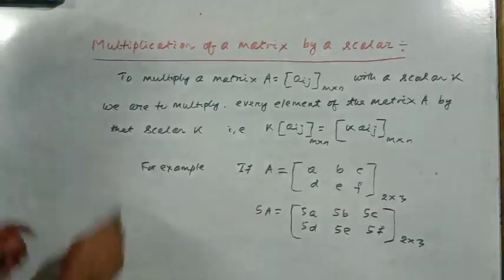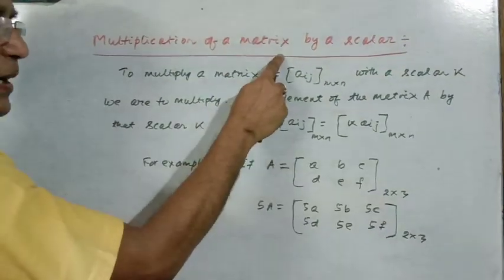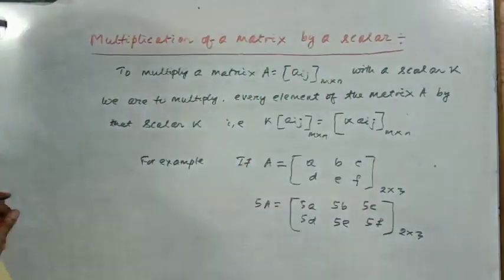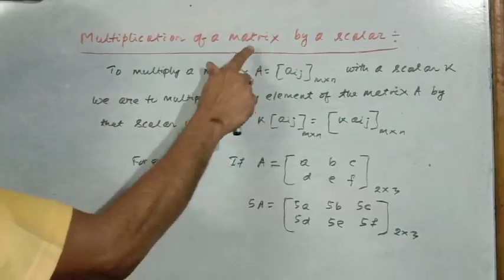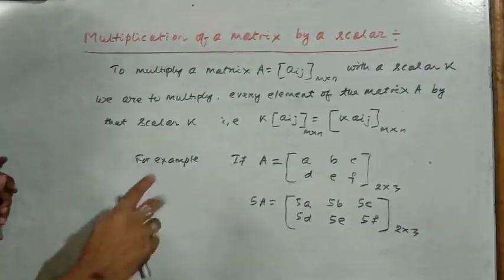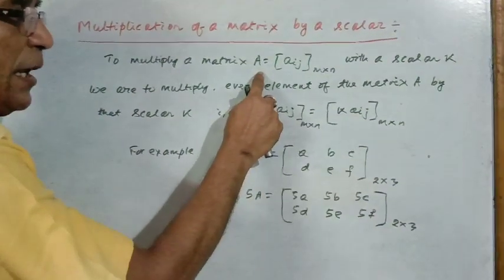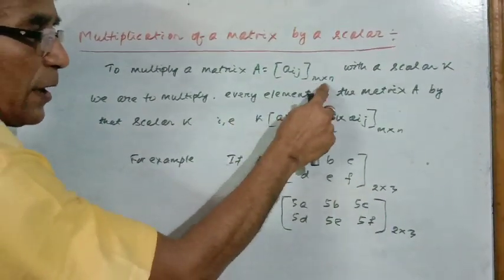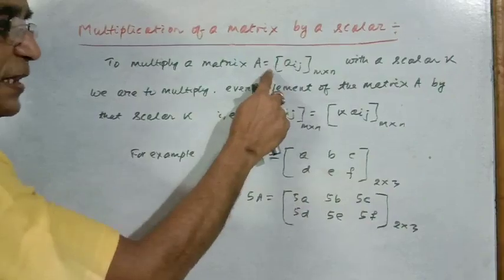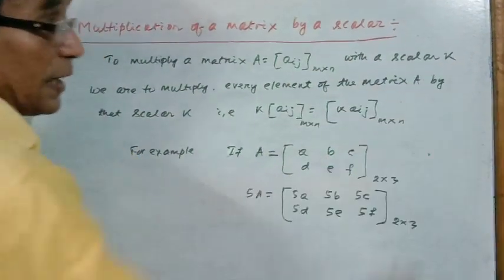Now next we'll consider multiplication of a matrix by a scalar. Suppose A is a matrix Aij of order m cross n, and this matrix is to be multiplied by a scalar k.